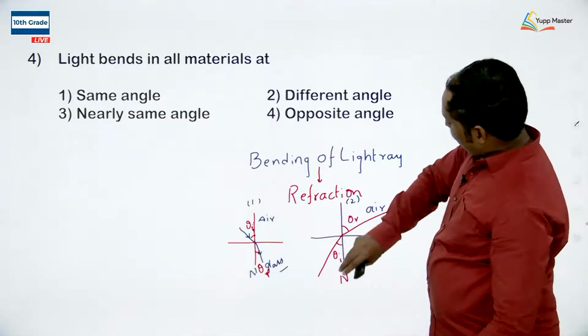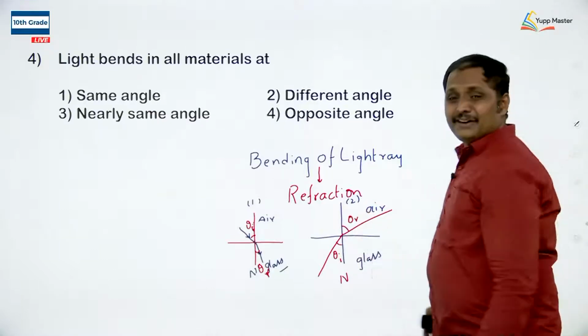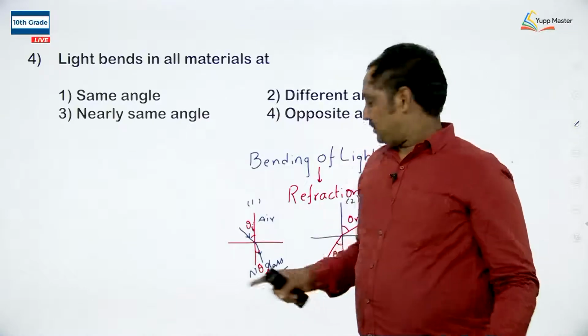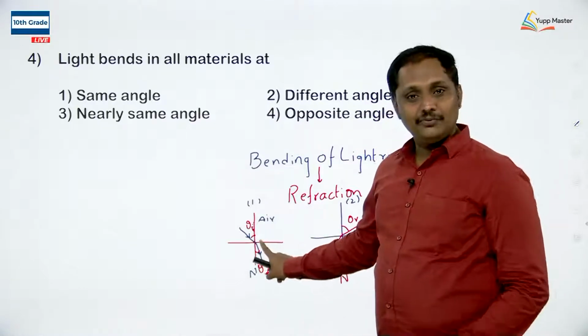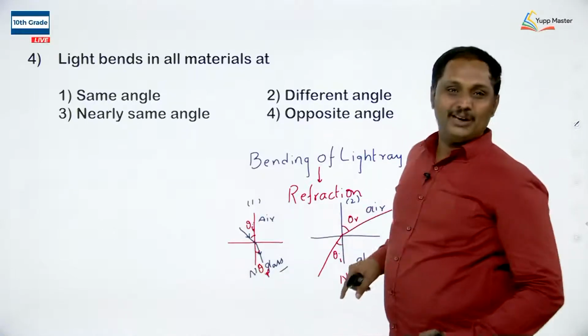It moves away from the normal. Here the refracted light ray has a small angle of refraction, angle of bending. The second one is moving away from the normal.